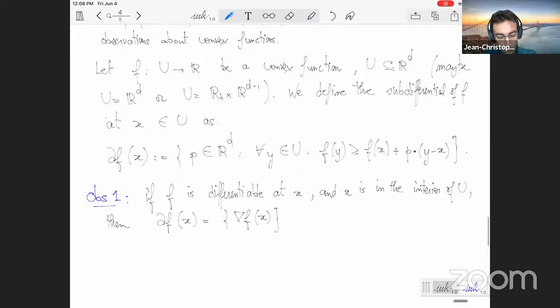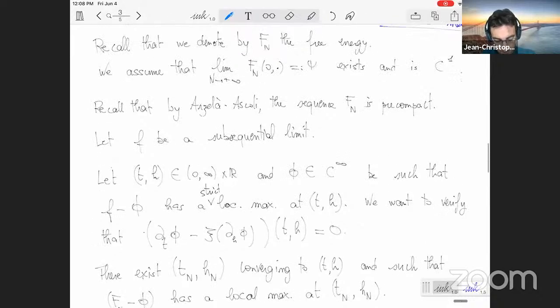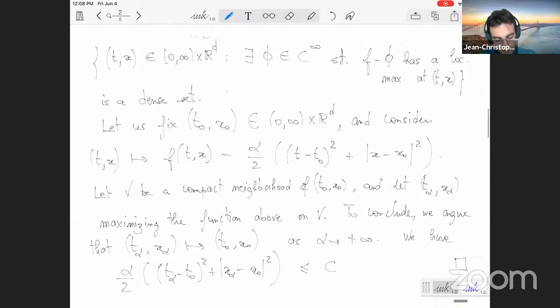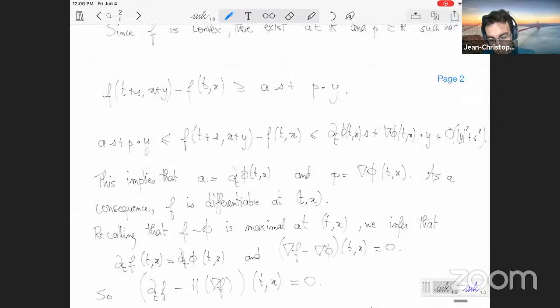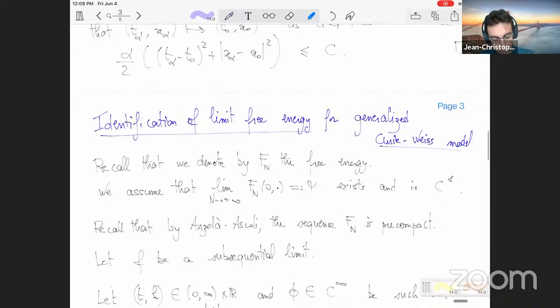So let me scroll back up just to point to what I'm talking about. It's just a bit simpler in some sense. This place here. We have some slope in this subdifferential. Here, essentially, we're using that f is differentiable, which is even better than this, and therefore we identify the slopes. Okay. So that's one point.